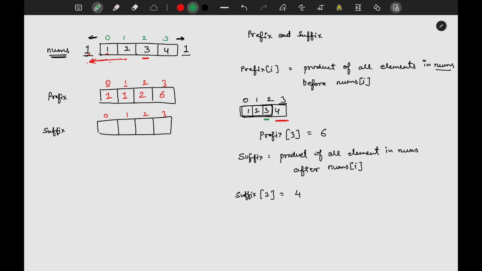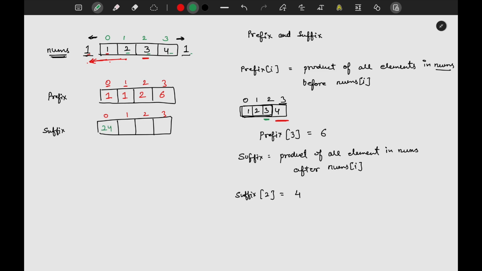Now for suffix, at index number 0, we will keep the product of all the elements in nums after nums[0]. After nums[0], we have 2, 3 and 4 and 1. So we will have 4 times 3 is 12, 12 times 2 is 24. So we will get 24 over here, right?